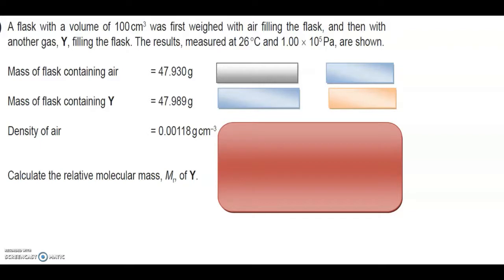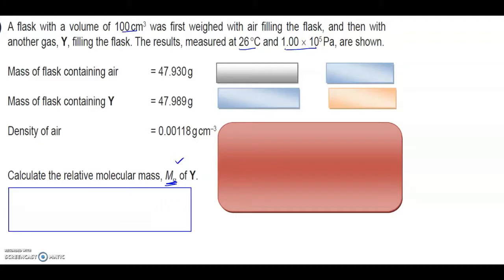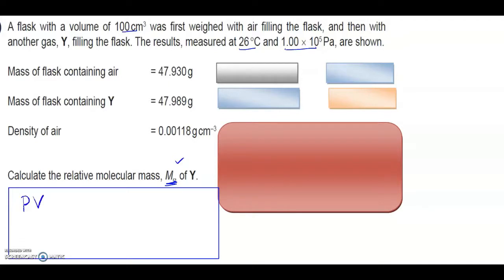So in order to calculate MR of Y, you are provided with temperature, pressure, and volume. You need to calculate the mass of Y in order to calculate MR of Y. So first of all, you need to think which formula is required to solve this question, which contains all these things. Here you require PV = (m/MR)RT.